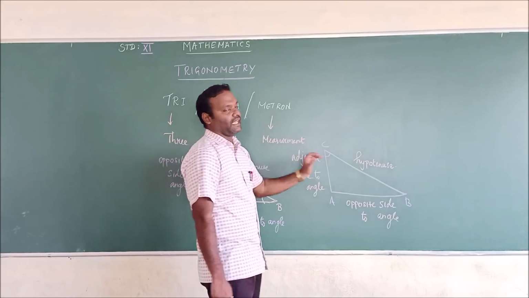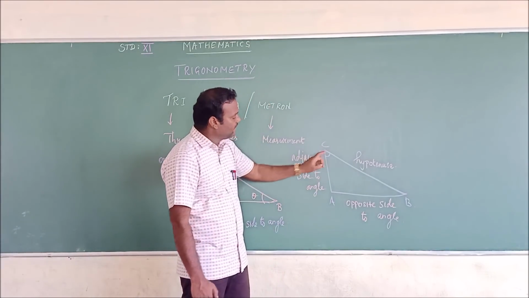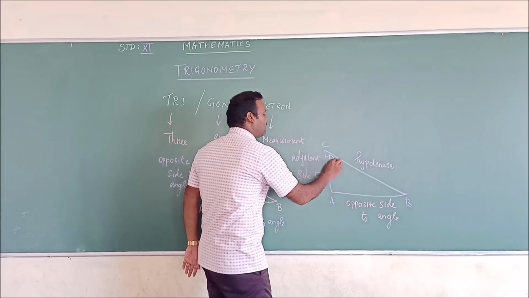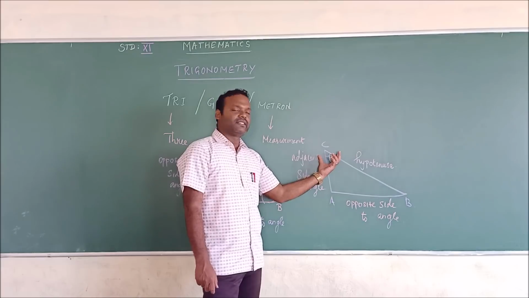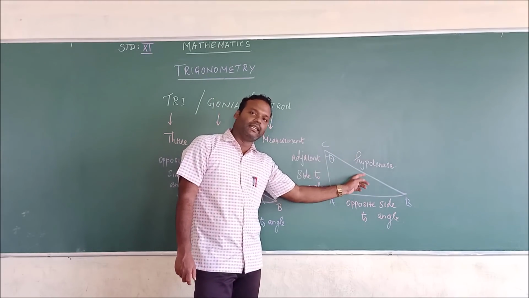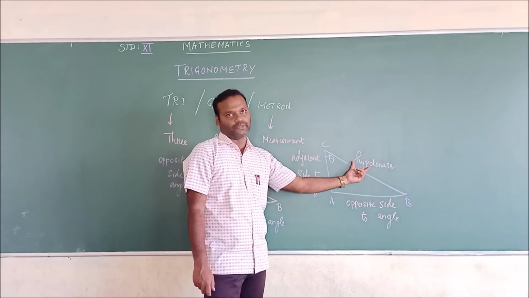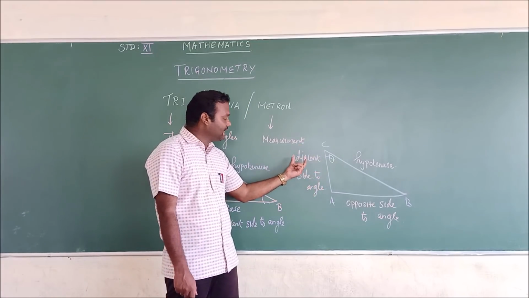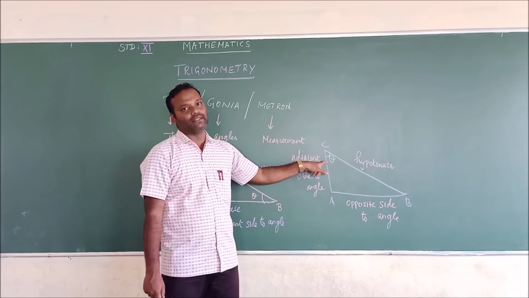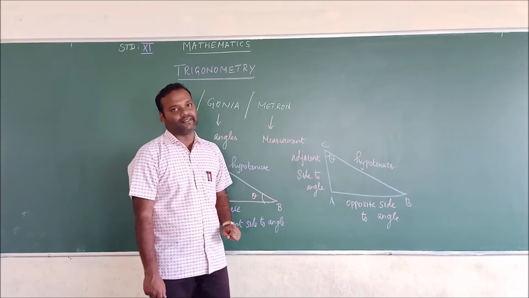Let me come to this triangle. Now I have fixed the angle here. Let me name this as theta. Here, the lengthy side is known as the hypotenuse, and the side which is lesser in length is known as the adjacent side to that angle. So this side is the adjacent side.